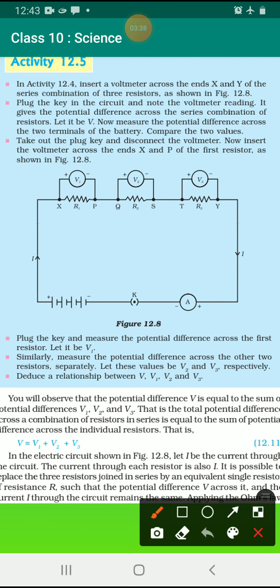This one is the first resistor, this is the second one, this is the third one. Three resistors are connected. The battery is connected, the ammeter is connected, the plug key is connected.